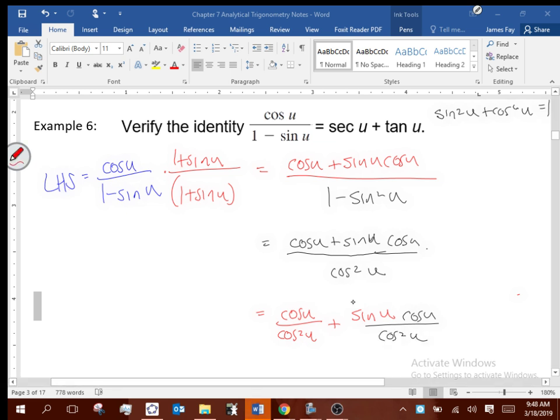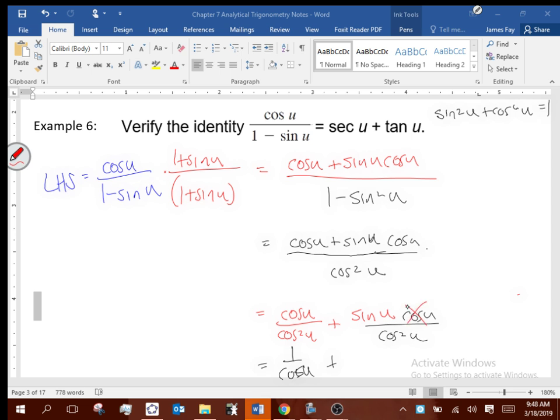Okay. Now we're starting to see, after a couple substitutions, we're starting to see some stuff here dwindling, right? What's cosine u over cosine squared u? 1 over cosine u, right? Okay. Now over here, what's going to happen with these cosine u's?